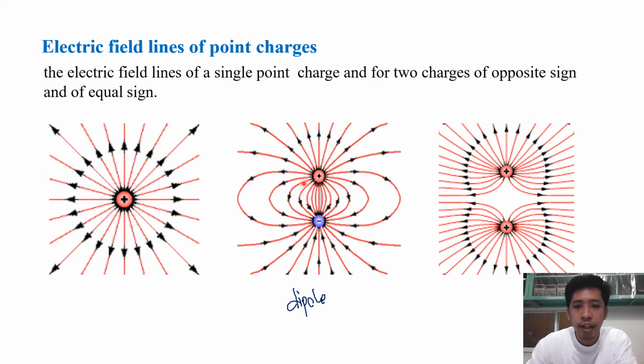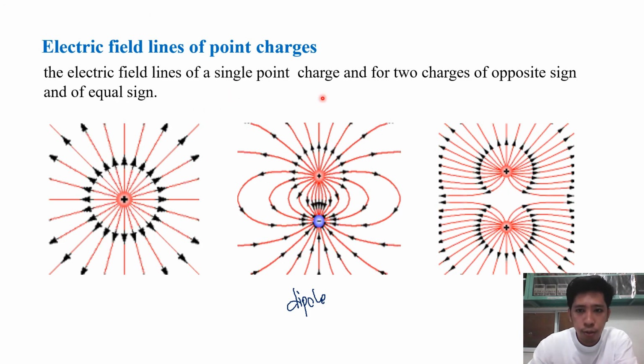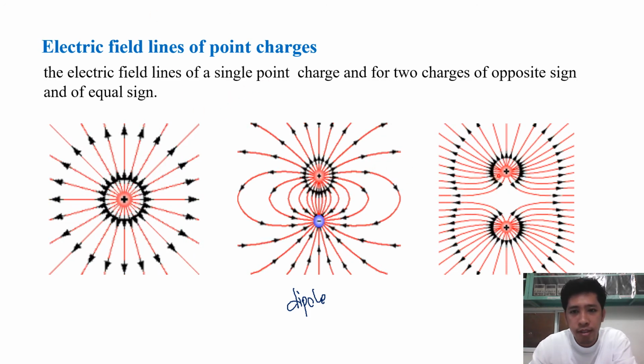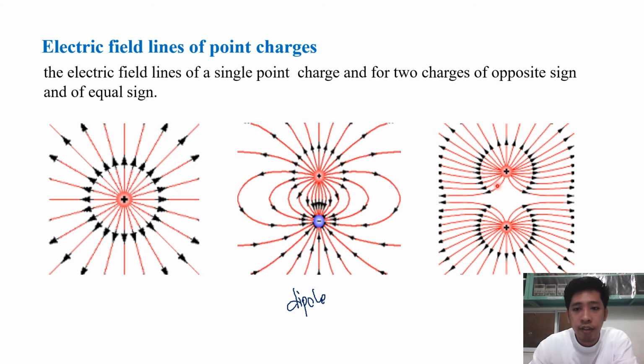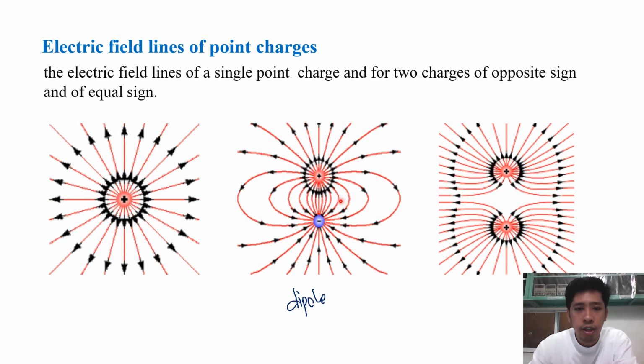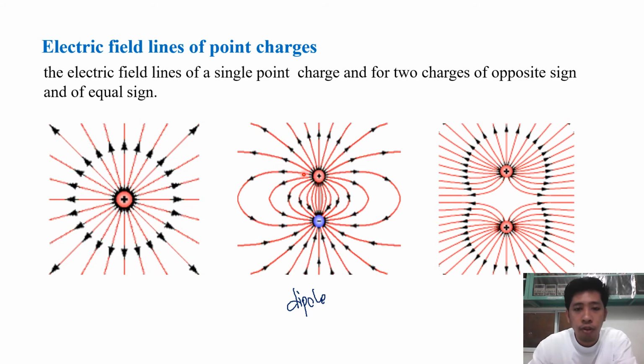If instead you have two like charges, two positive charges, it is radially outward, and you know that like charges repel. You can see here that the electric field lines do not touch each other, so they repel each other.